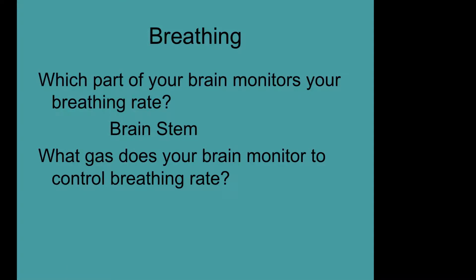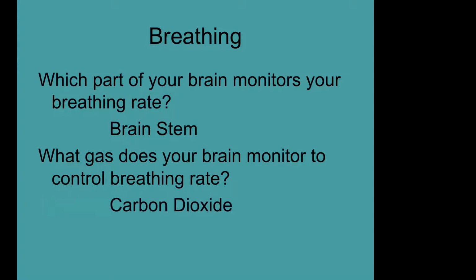Big question here: what gases does your brain monitor to control breathing? A lot of people go right to the wrong answer usually. The correct answer is not oxygen. Our brain stem isn't monitoring oxygen, it's actually monitoring the gas that is a waste, because we don't want this waste to build up inside the body. So our brain stem monitors carbon dioxide.